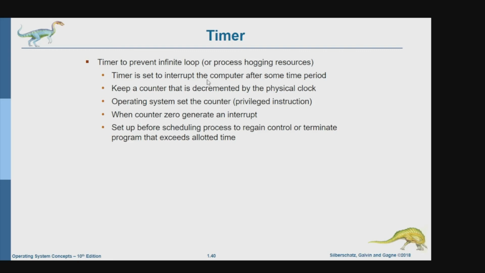The timer is set up before the scheduling process to regain control or terminate the program that exceeds the allotted time. Allotted time is the time that is allocated. So this is the function of the timer in the operation of the operating system.